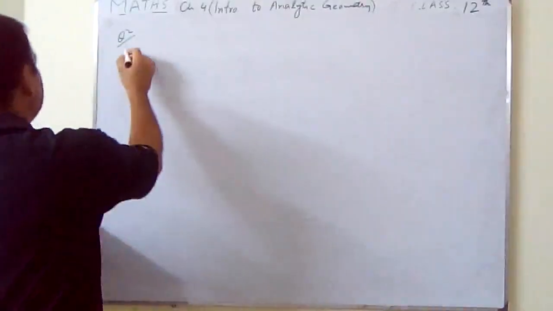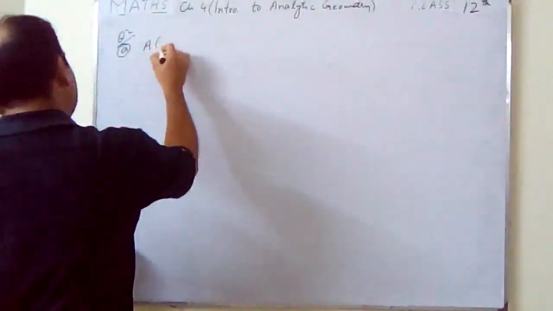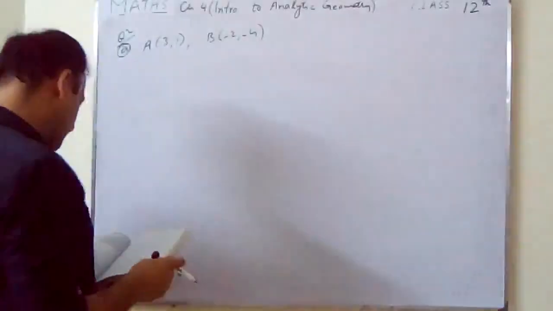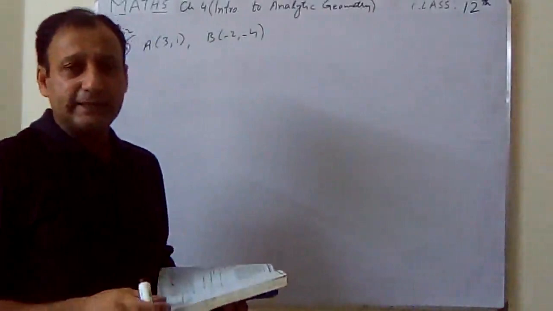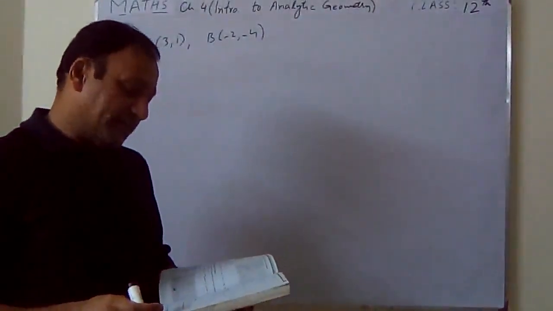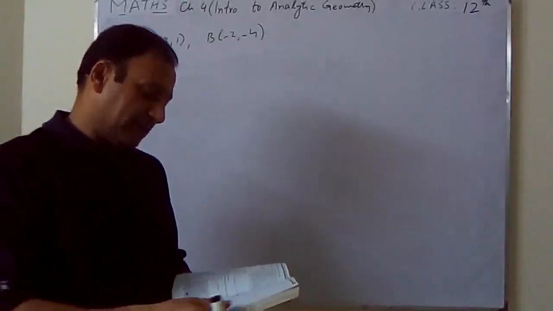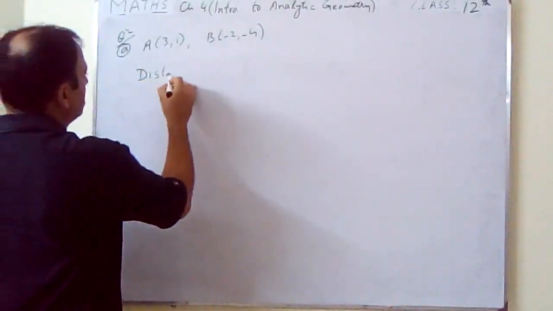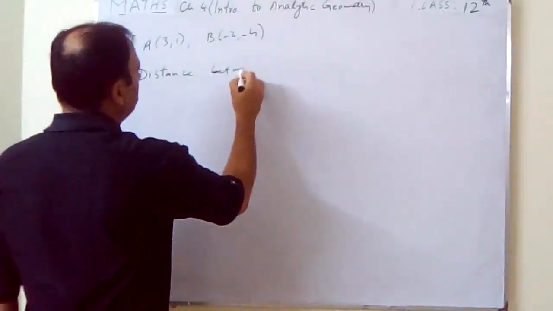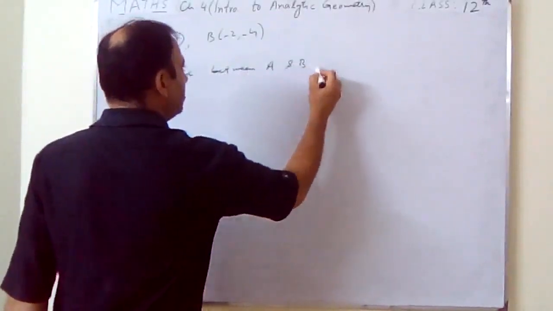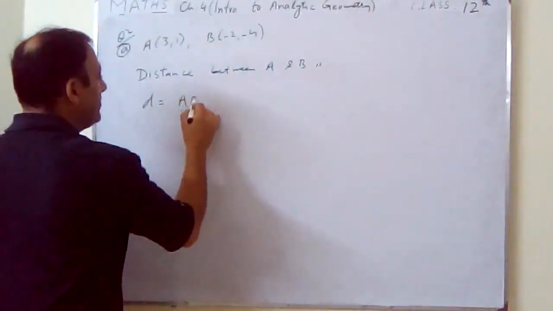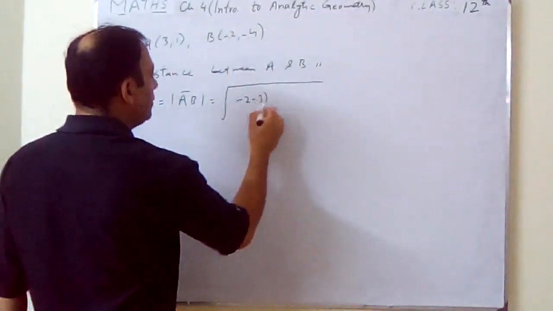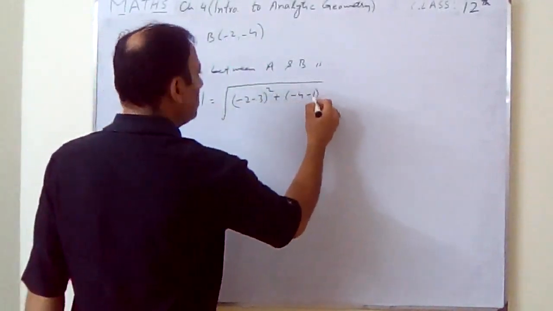Question number 2, in part A, A is (3, 1), B is (-2, -4). He is asking two things in the question: find the distance between the given points and the midpoint of the line segment joining these two points. So the distance between A and B is D, that is the absolute value of AB, the square root of (-2 minus 3) whole square plus (-4 minus 1) whole square.